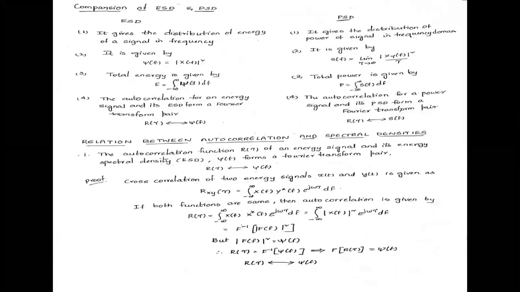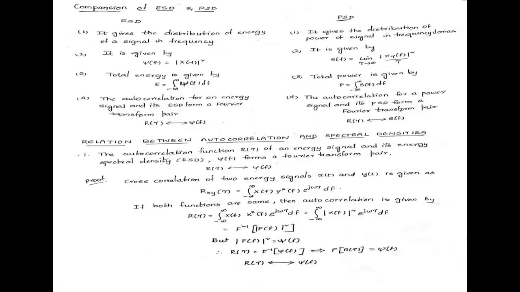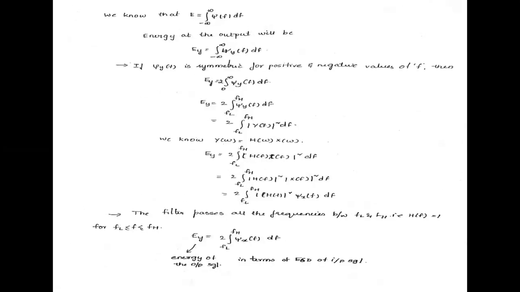The comparison of energy density spectrum and the power density spectrum, and the relation between autocorrelation and the spectral densities. Otherwise, I will explain briefly in tomorrow's class, because it's already explained, and this is material I have to send to you. So briefly, I will explain in the next class itself, my dear students.